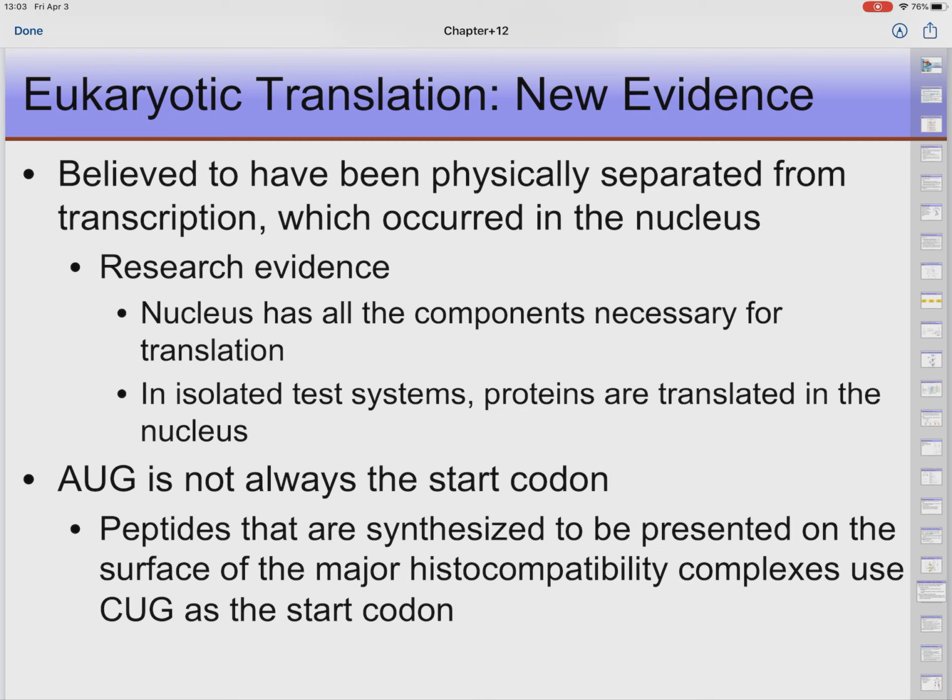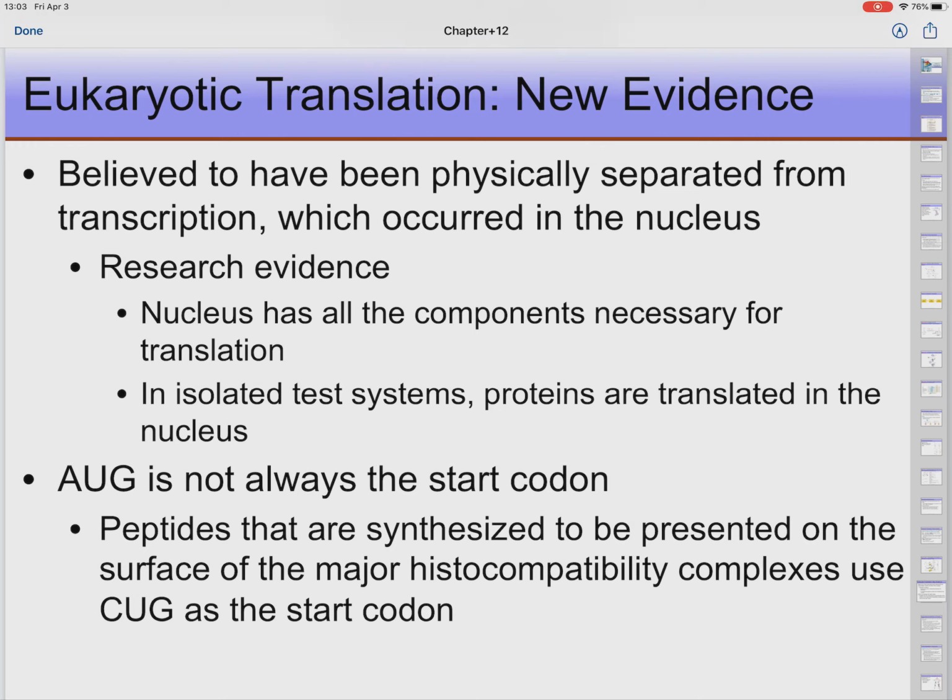So we know that if we didn't have a nuclear envelope, translation would happen in the nucleus, just like it does in prokaryotes. That suggests it was separated on purpose. There was a reason why we enclosed our DNA off from everything else.